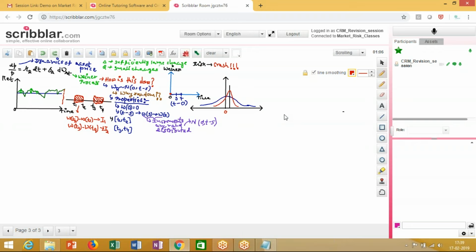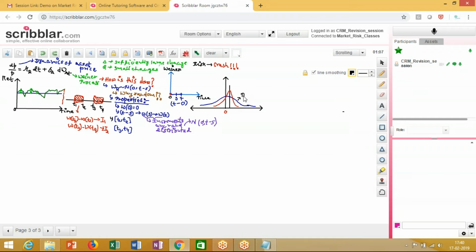Now that I have created these two together, how do I compare them? How do I compare A and B? Which, according to me, is a better asset?